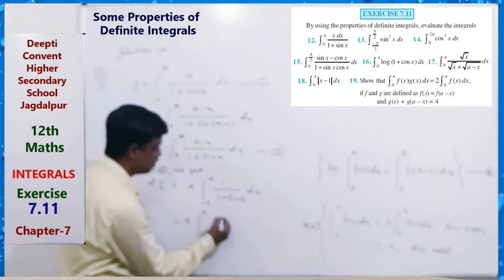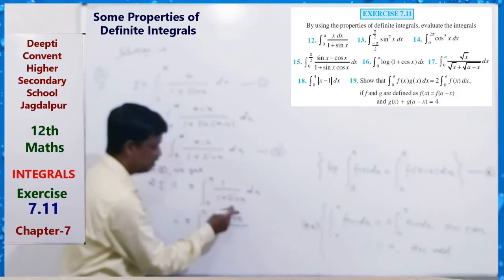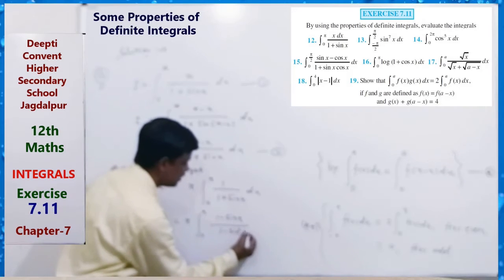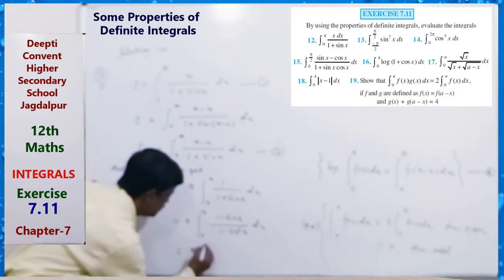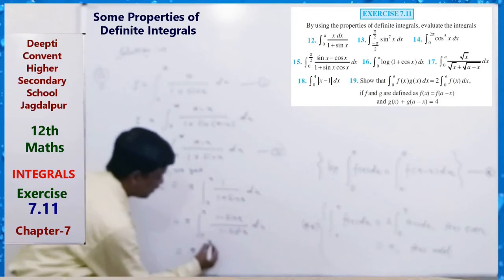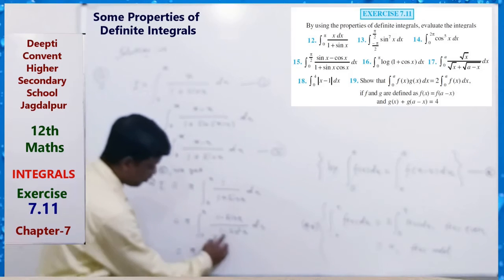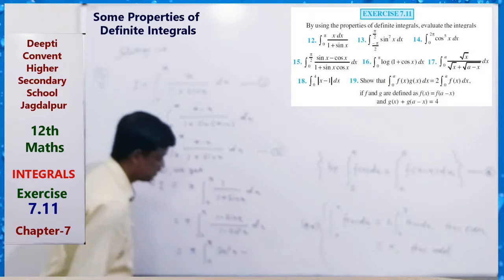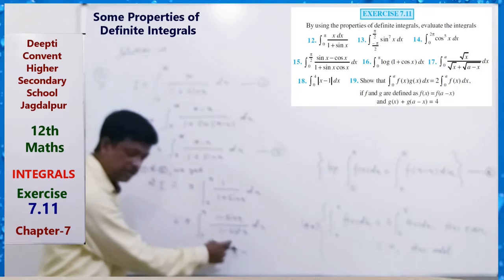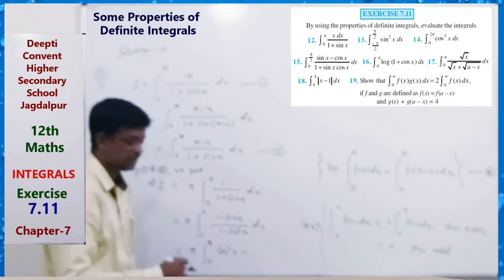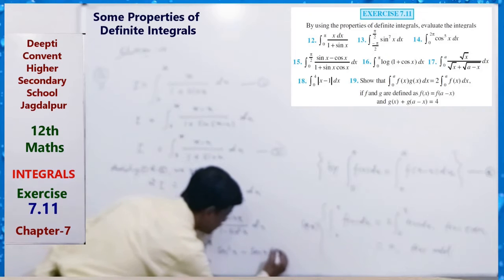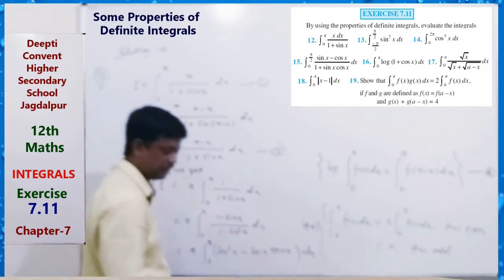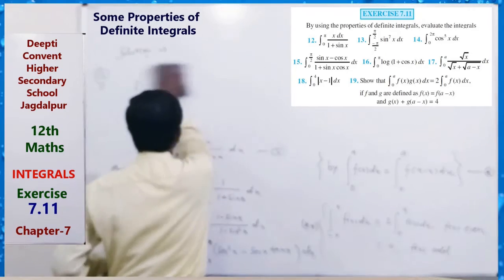In the denominator, (1 plus sin x)(1 minus sin x) gives 1 minus sin squared x, which is cos squared x. So the integrand becomes (1 minus sin x) by cos squared x, which is sec squared x minus (sin by cos squared), that is sec x tan x. We know the integration of sec squared x is tan x, and of sec x tan x is sec x. So we can get the value, very simple.